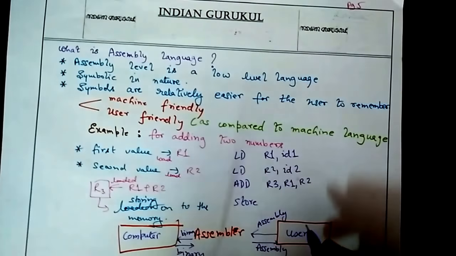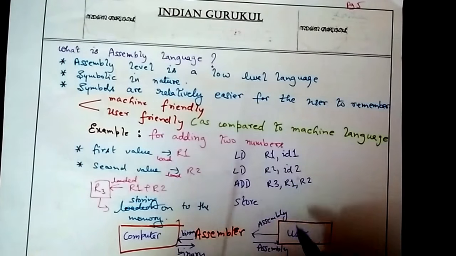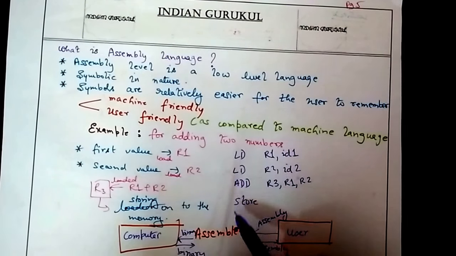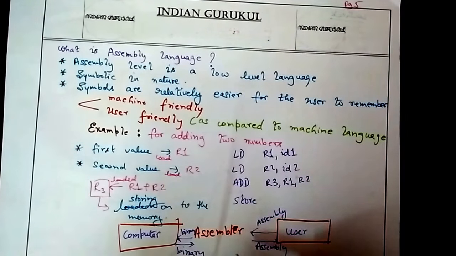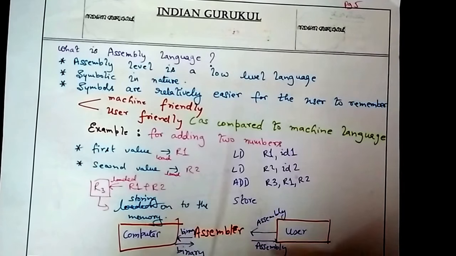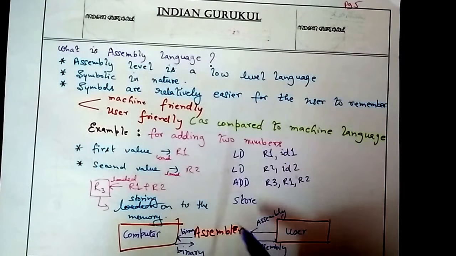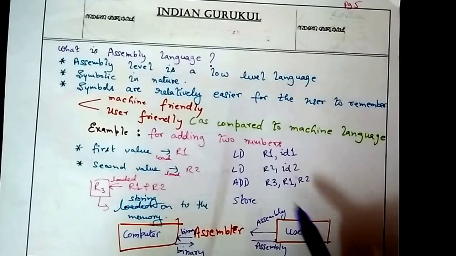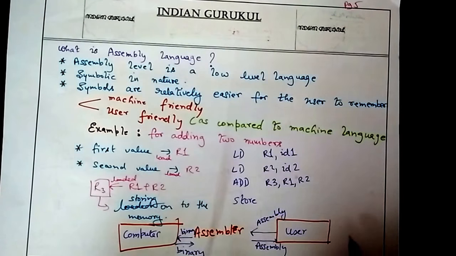So again a user needs to learn this assembly language, and needs to provide so many instructions in the assembly language to the computer. Although these instructions will be communicated to the assembler first, there is still too much hard work left for the user to do.